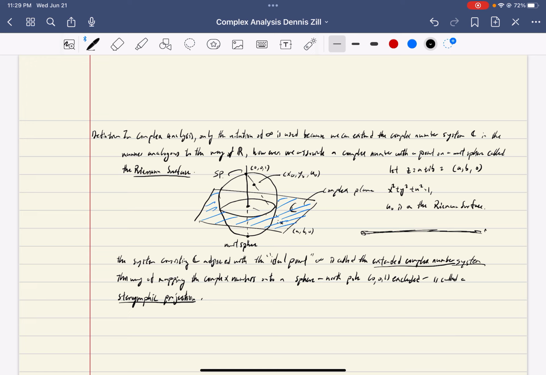The way of mapping the complex number onto a sphere, excluding the North Pole (0, 0, 1), is called a stereographic projection, really, because you can never touch this point with your point on a sphere, right? And that is section 1.5.